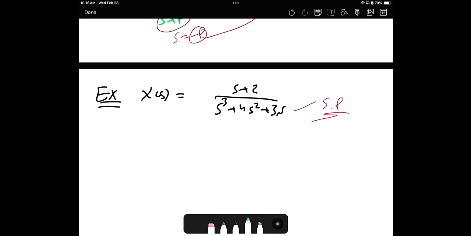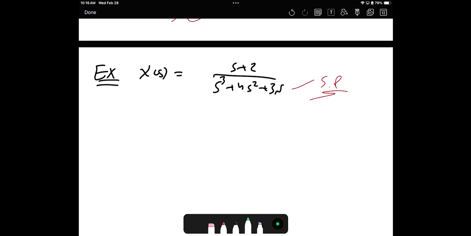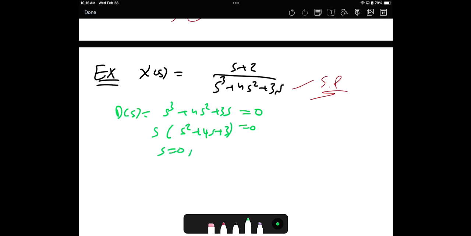The next thing is to look at D of s, which is s cubed plus 4s squared plus 3s, and set it equal to 0. Let's find the roots. After factoring out s, it will be s squared plus 4s plus 3 equals 0. You can use the general formula to find it.